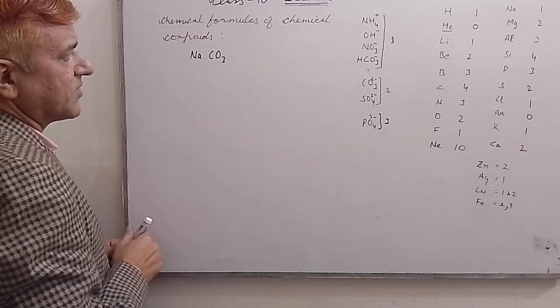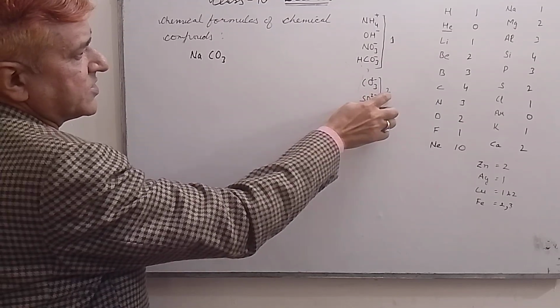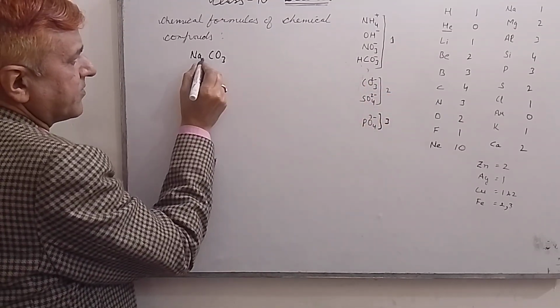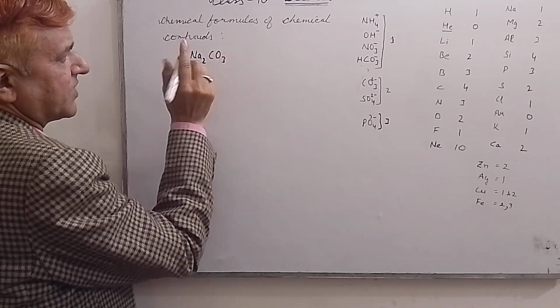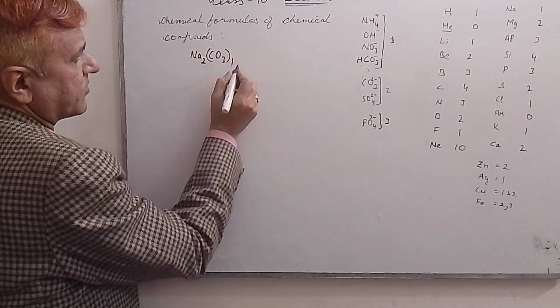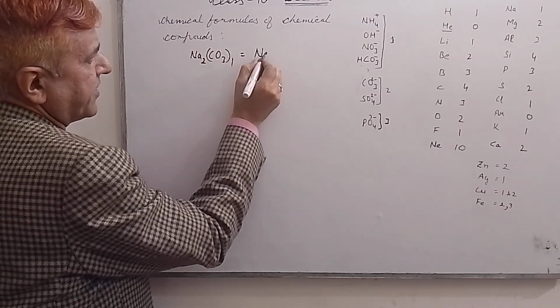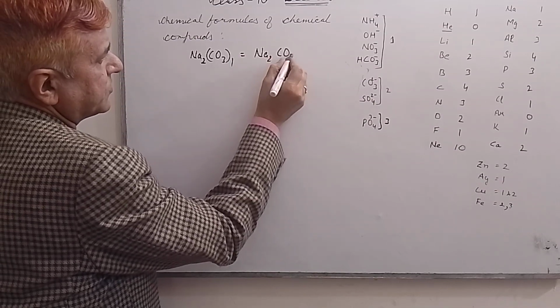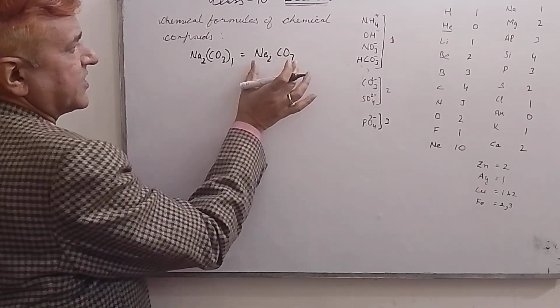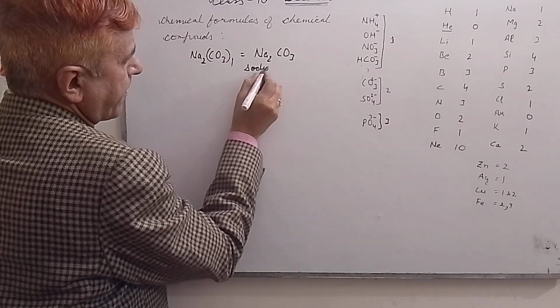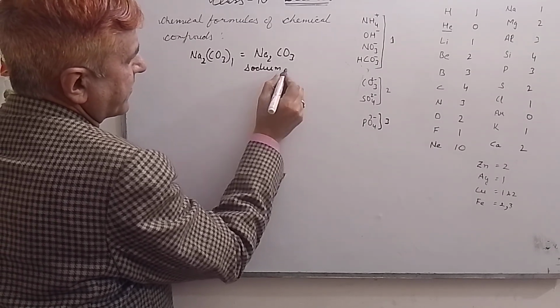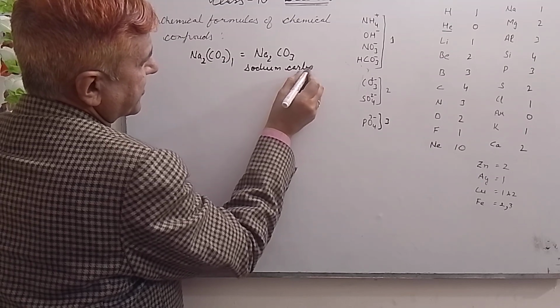The valency of carbonate is 2, so 2 becomes the valency of sodium, and sodium's valency is 1, so that becomes the valency of carbonate. So this is Na2CO3. This is sodium carbonate.